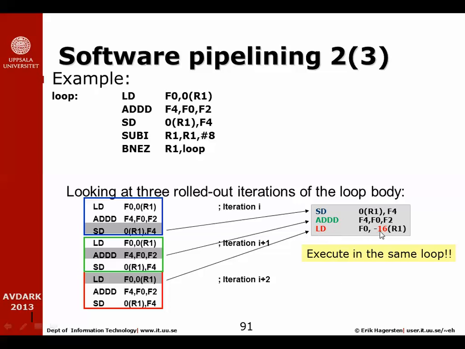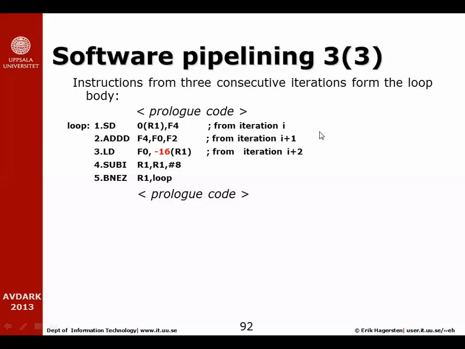This minus 16 is what really identifies that this instruction is from the red iteration and not from the green or the blue iteration. So now, scheduling these instructions like this into real code would look like this.